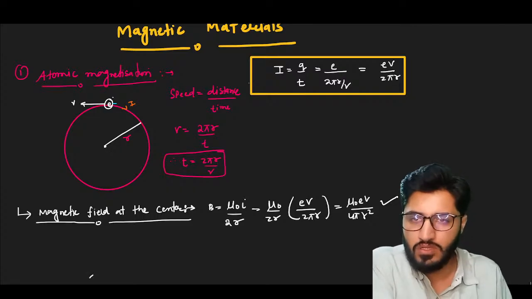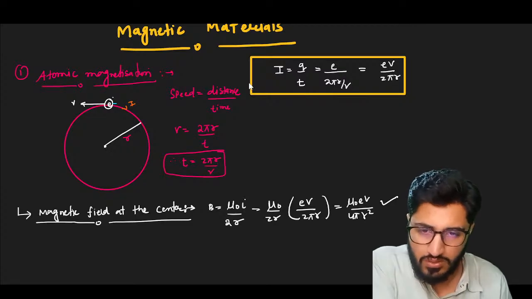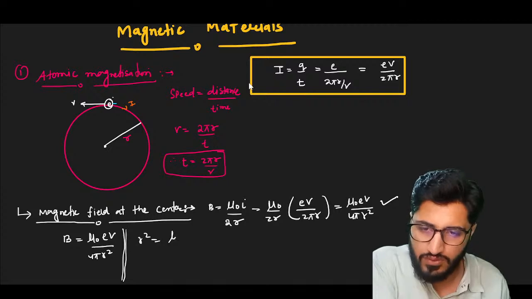Look now, this is my equation. I guess my B came out to be mu naught eV divided by 4 pi R square. Can I now write R square equals mu naught eV divided by 4 pi B?